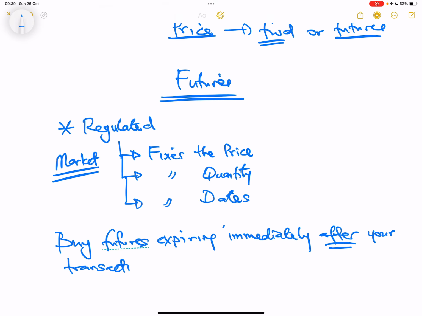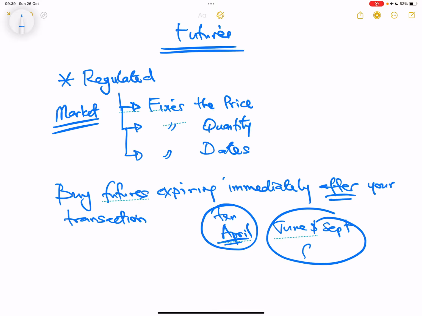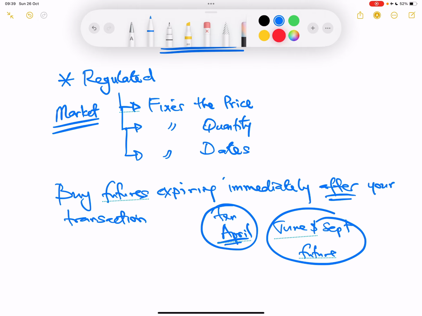And you'll see why as we move on. So if you have an April transaction and you have futures ending June and September, you have two options. You must go for the earliest one after, and that is June.